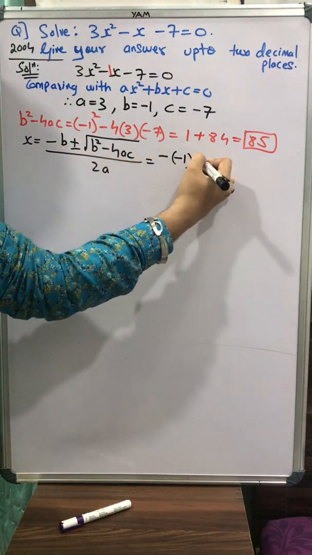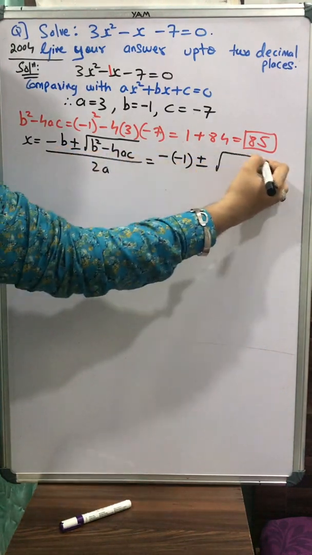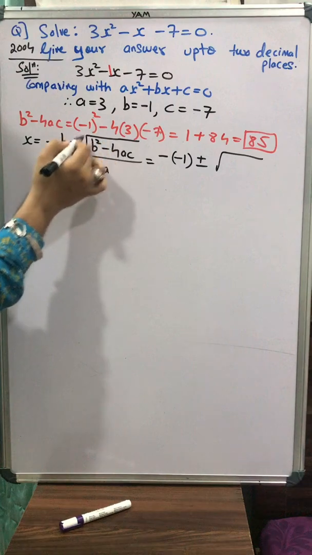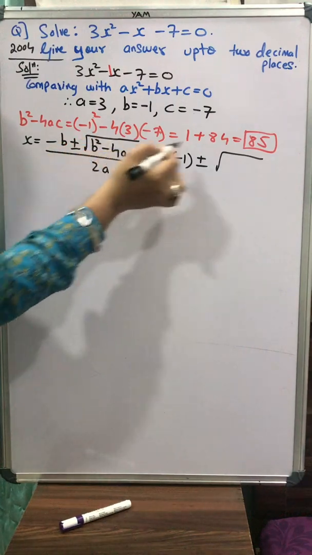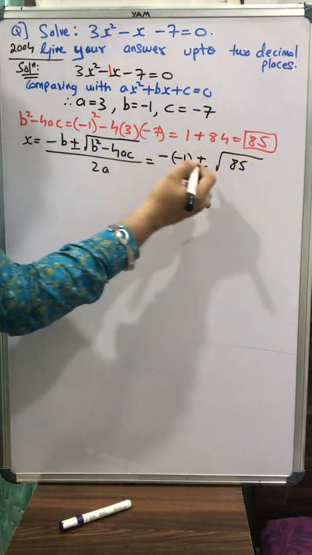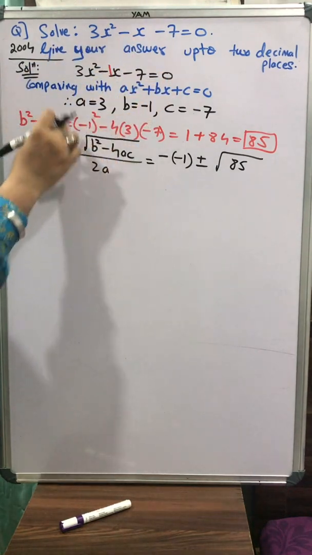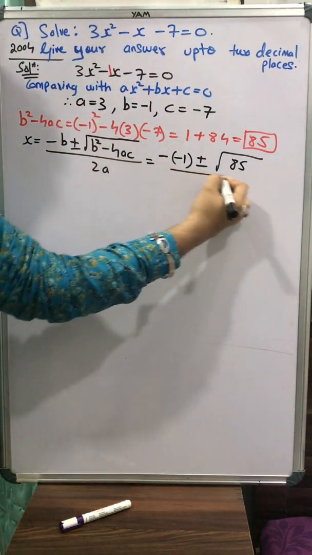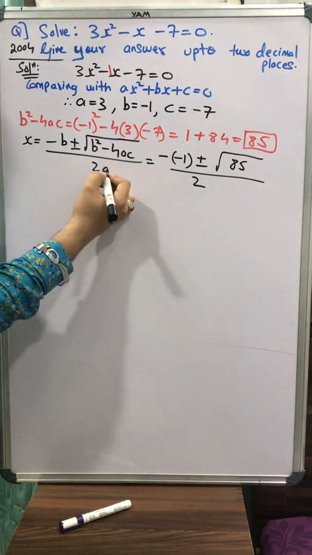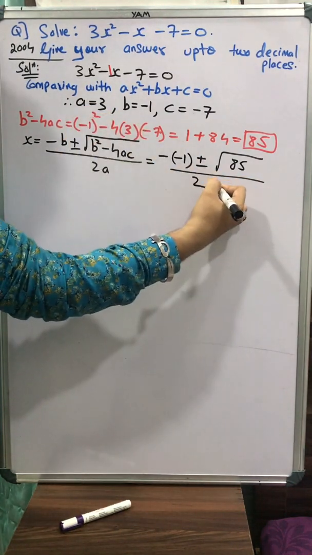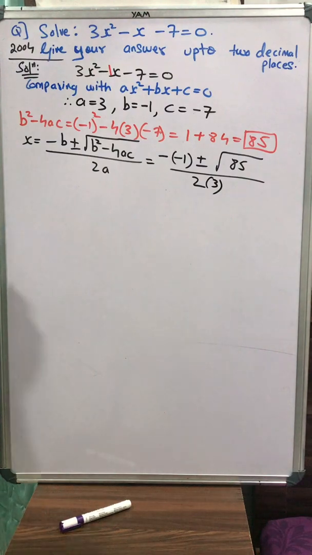Plus minus, square root, so I'll write a square root. See, we have already found out the value of b square minus 4ac, and it's 85. This is the advantage of finding it first. If you don't find it first, then it will become very complex in a small place to find everything. The whole upon 2 into a. What's the value of a? A is 3.